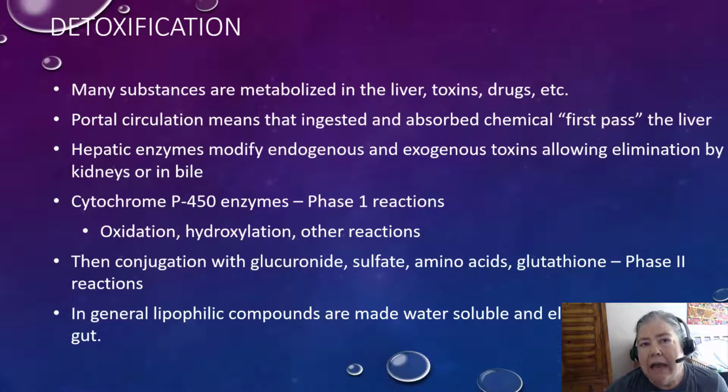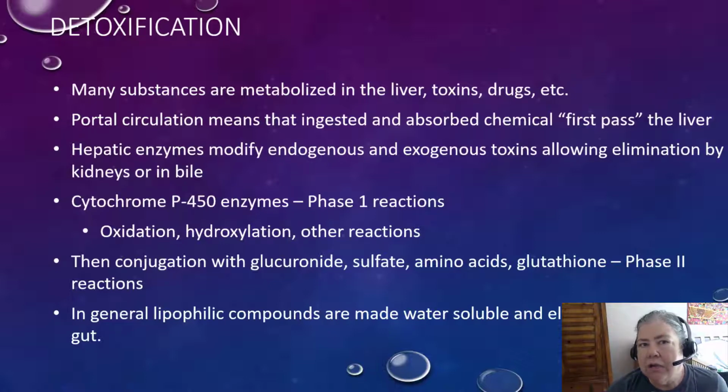There are enzymes in hepatocytes that modify drugs, but also toxins, both toxins that are created by metabolism and exogenous toxins, changing those so that they can be eliminated either in the urine or in bile. There are a number of enzymes that we call the cytochrome P450 enzymes.